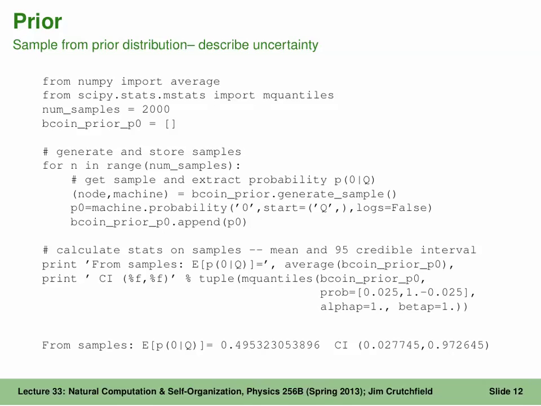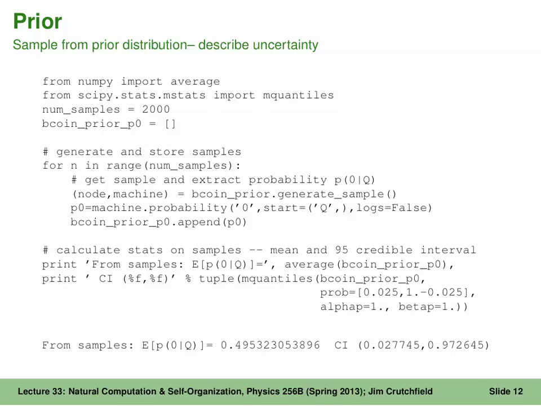Okay? And so I extract the probabilities here, add them to the list, and then this last part is just, let's find the average of the samples, and then let's find the quantiles. So 95% of the samples are between these two values. What we end up getting is the expectation is 0.49. And of course, how good this is is a function of how many samples I did.